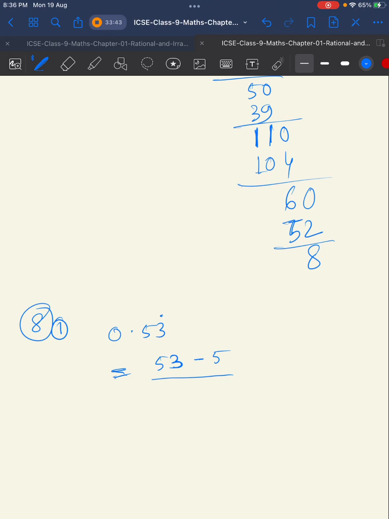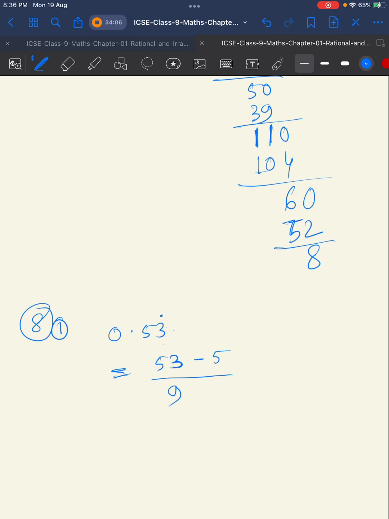And in the denominator, for the digit which has the dot or bar we write 9.